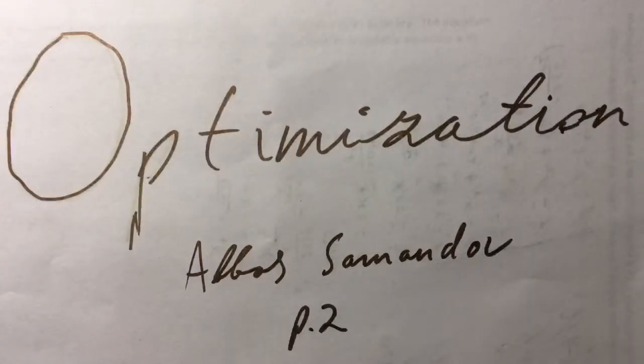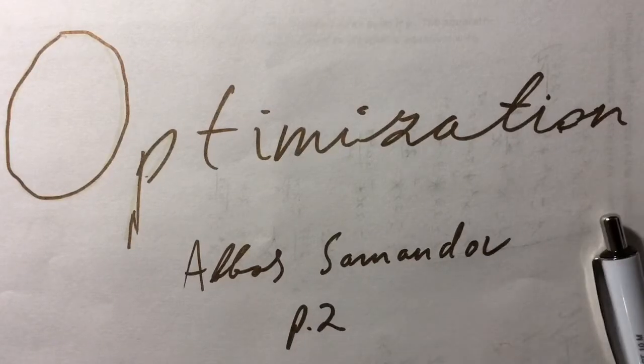So optimization is a method that you would use to find maximums and minimums of functions in real life situations. And usually you will be given some sort of a constraint. Actually, you will always be given some sort of a constraint. Let's say you have 100 feet of fencing.